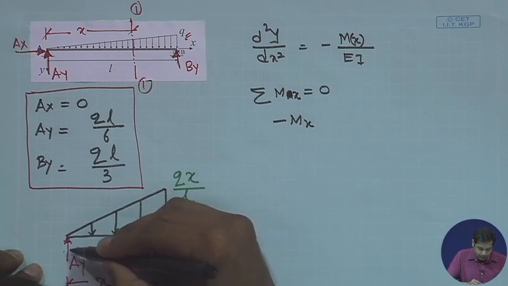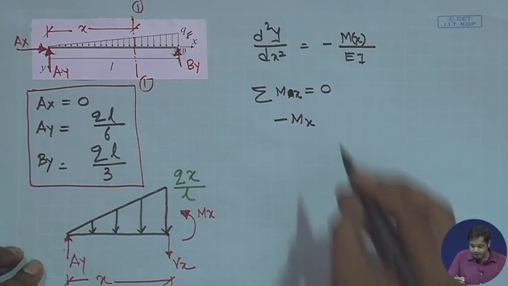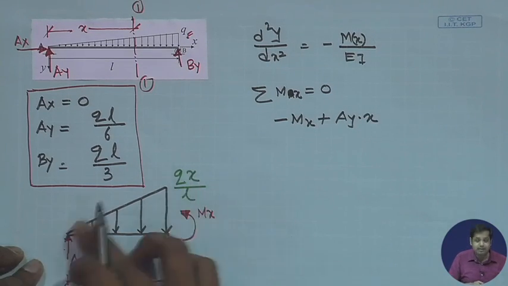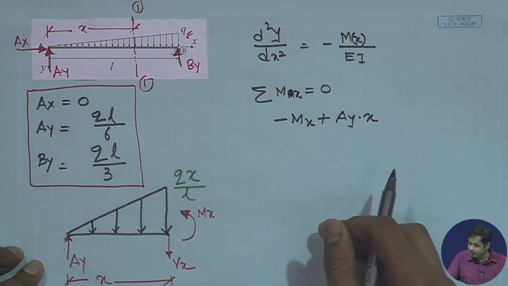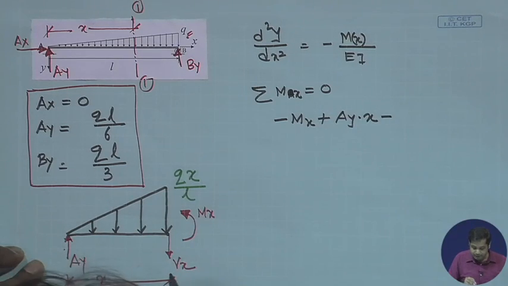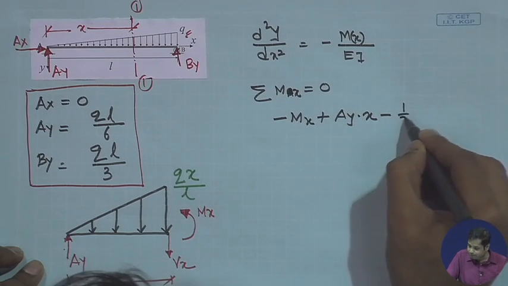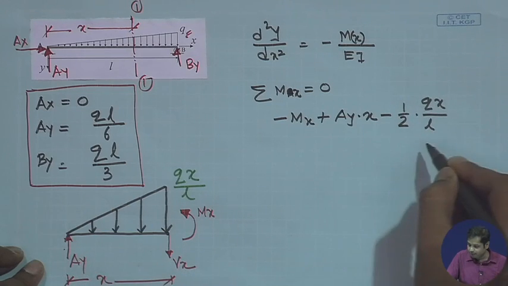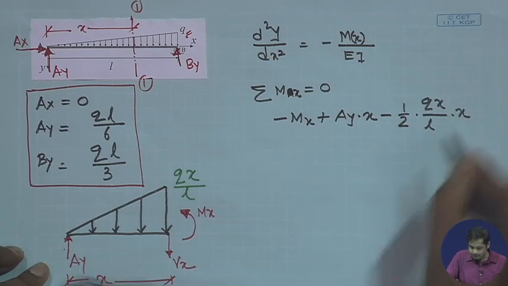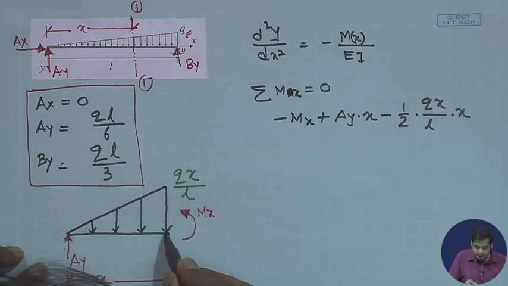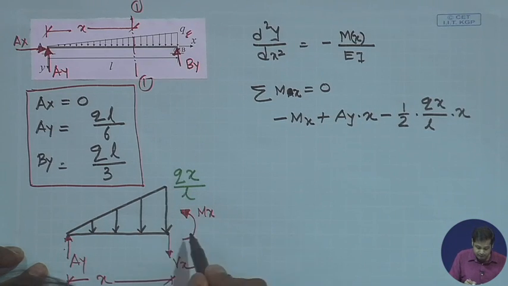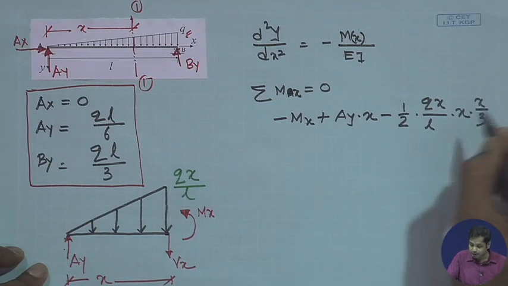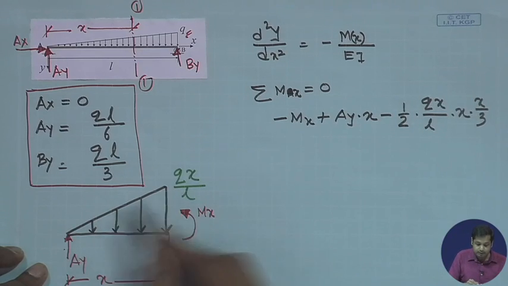The moment due to Ay is clockwise, Ay into x. The moment due to the externally applied load is again anticlockwise, so minus the area, which is half into Qx by L into x. This is the area of the triangle, and its centroid will be at a distance x by 3, so into x by 3 is the moment due to this load.